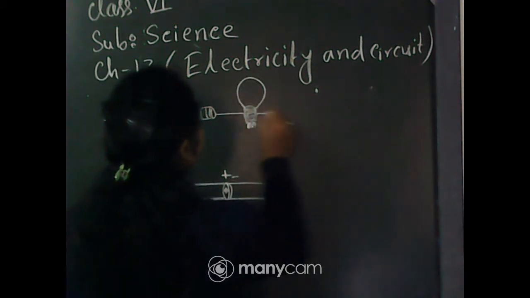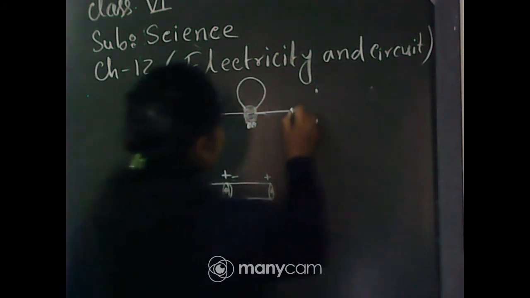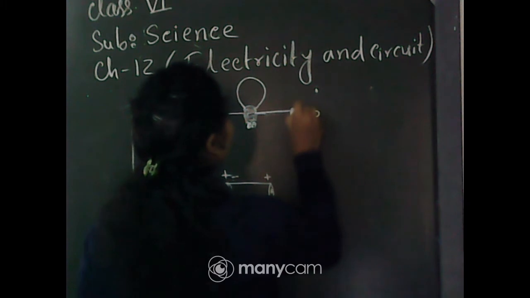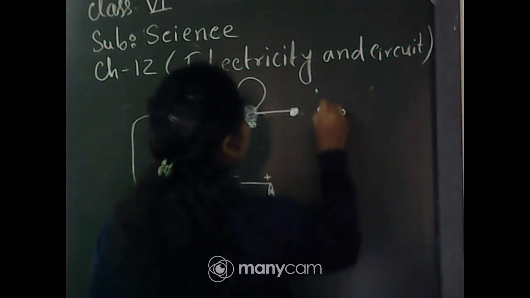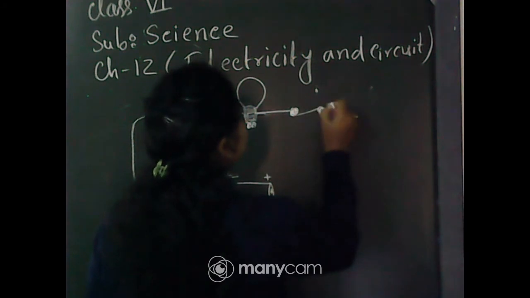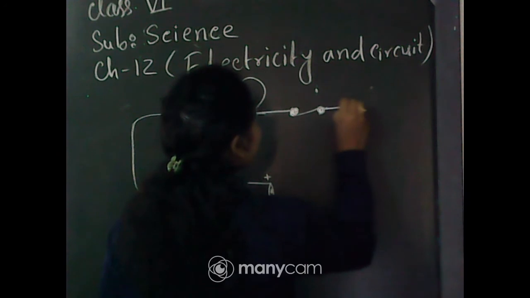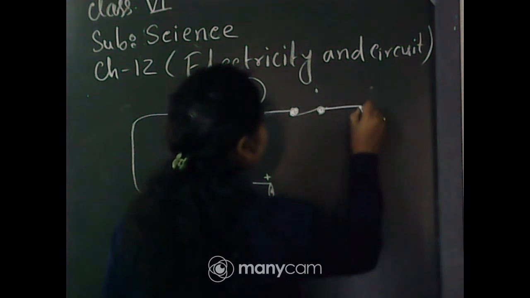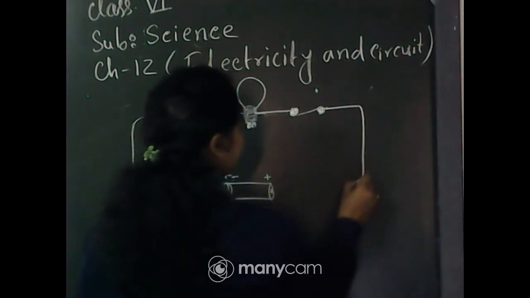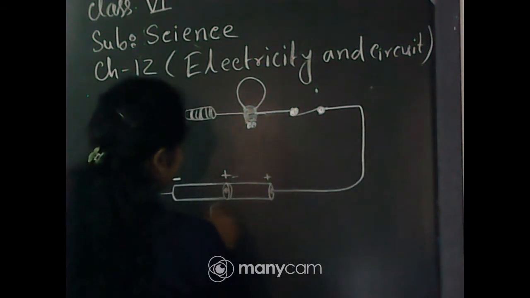In the right hand side there is a symbol called a switch. A switch is a device. When these symbols are connected, the switch is on. And the wire is connected with the positive terminal of the electric cell.